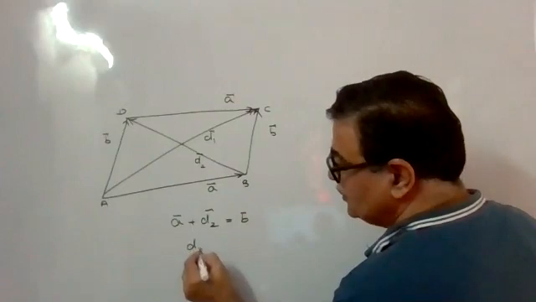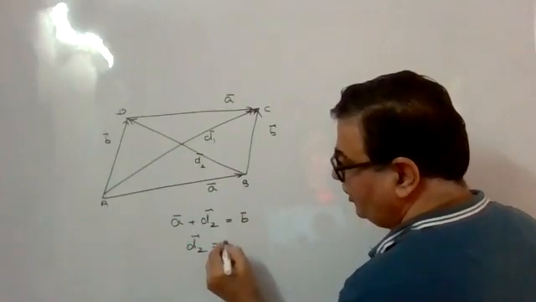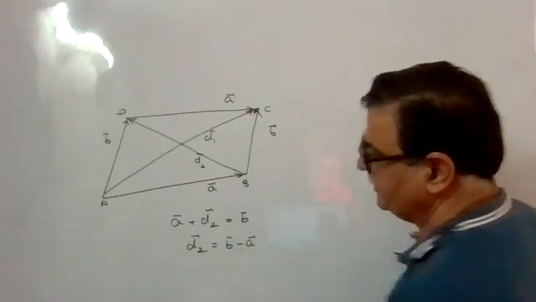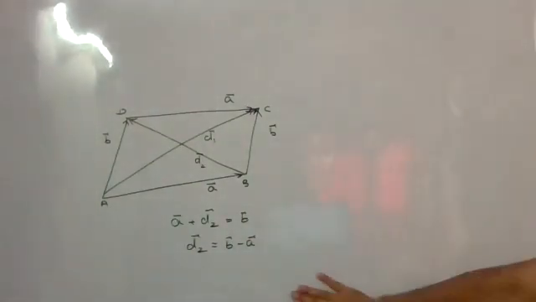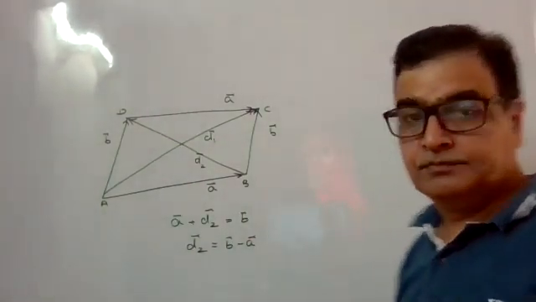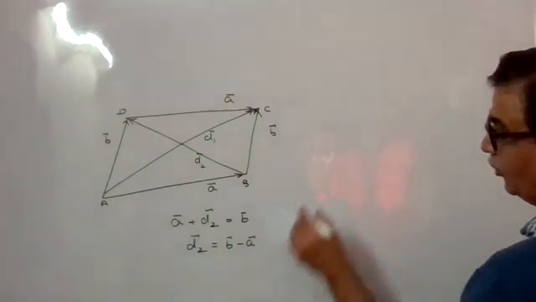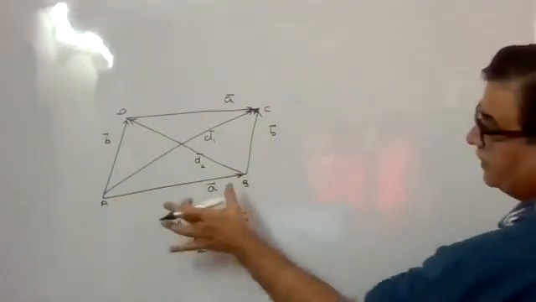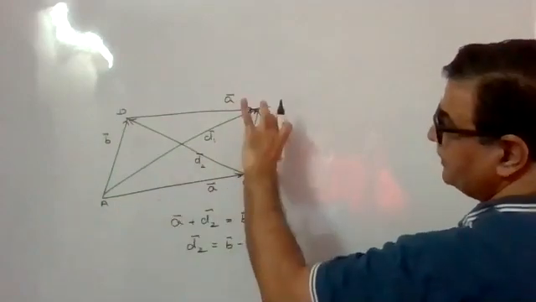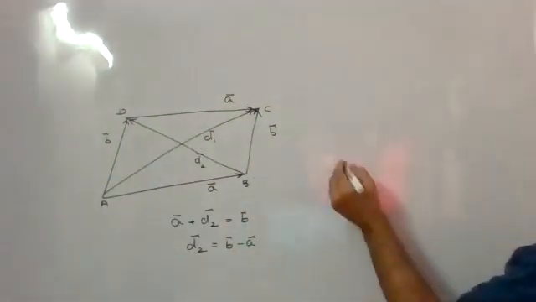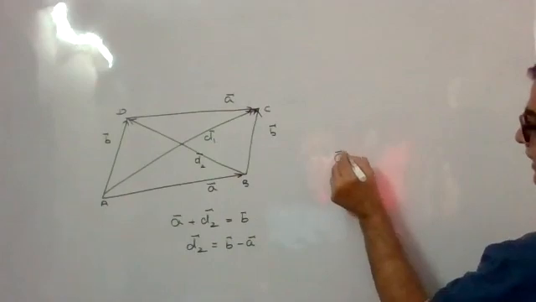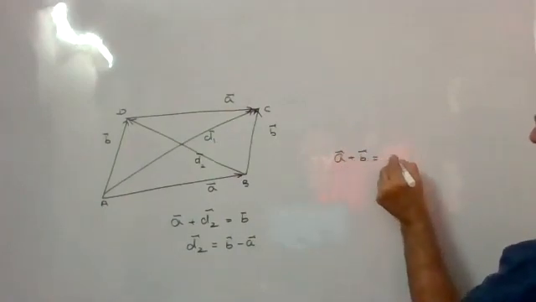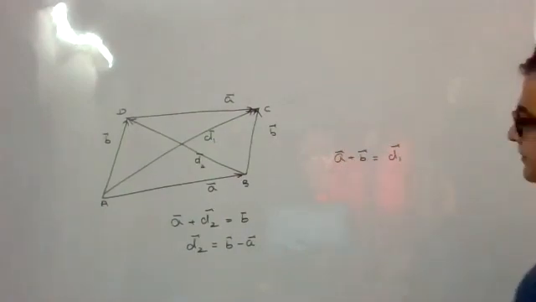From this, I get D2 vector as B minus A. Then I go for this triangle. Here this is A vector, this is B vector, and this is simply D1 vector. So A vector plus B vector is D1 vector.